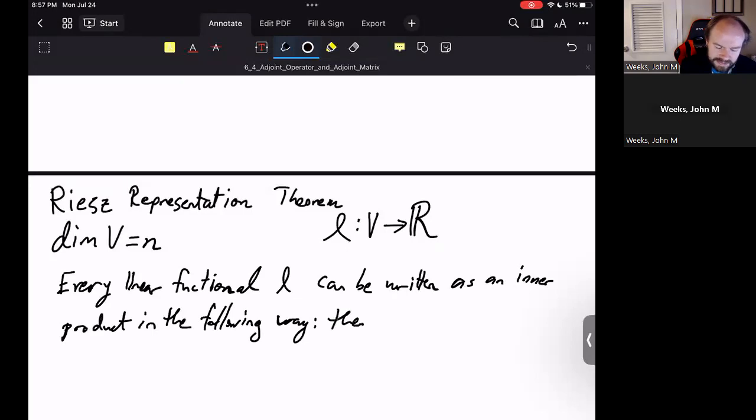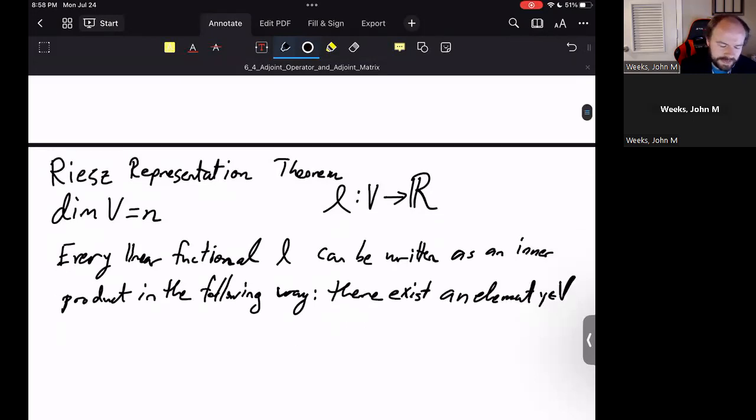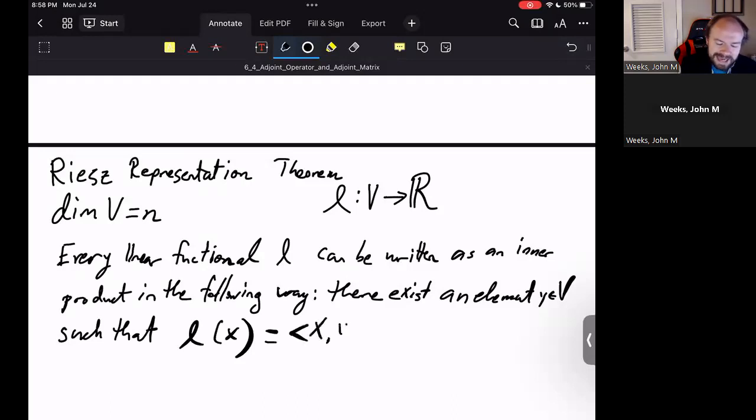There exists an element y inside of our vector space such that L of x, plugging in, of course, something from our vector space here, is equal to the inner product of x with y.